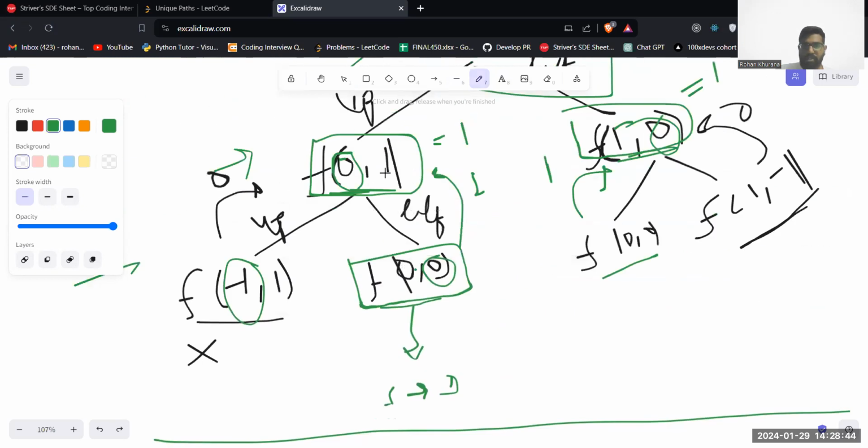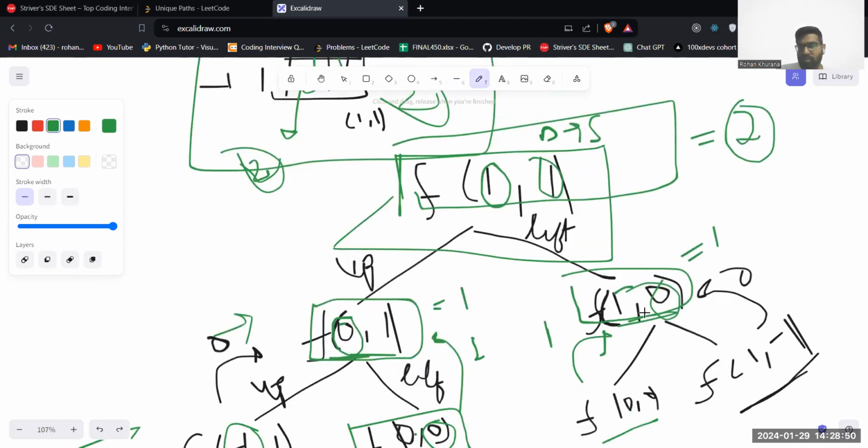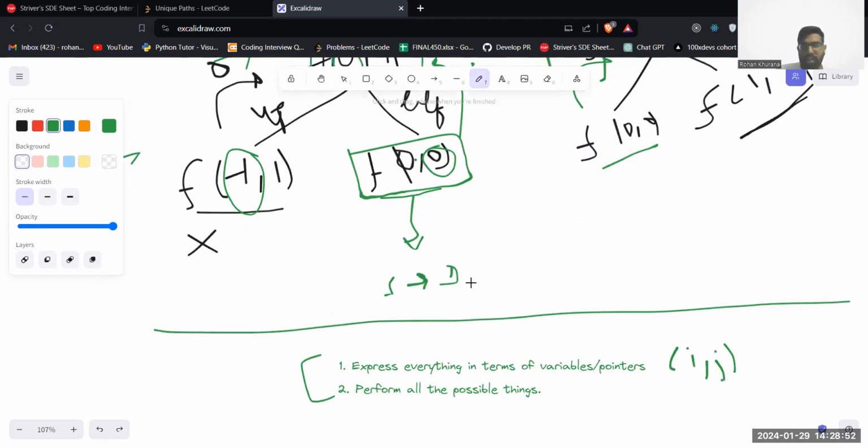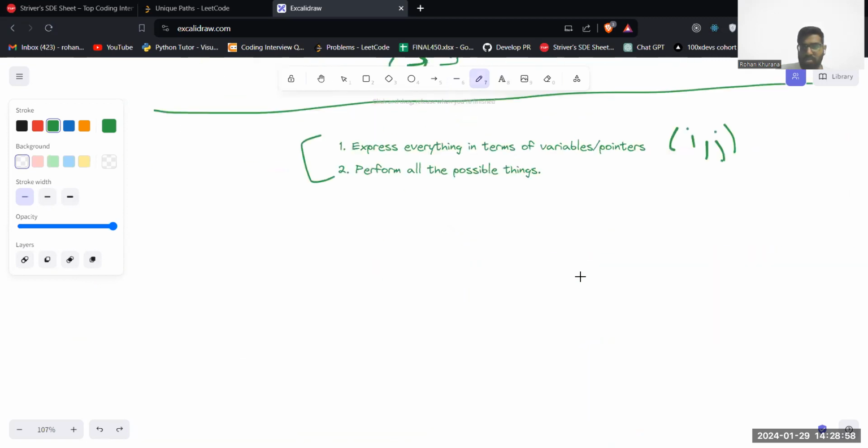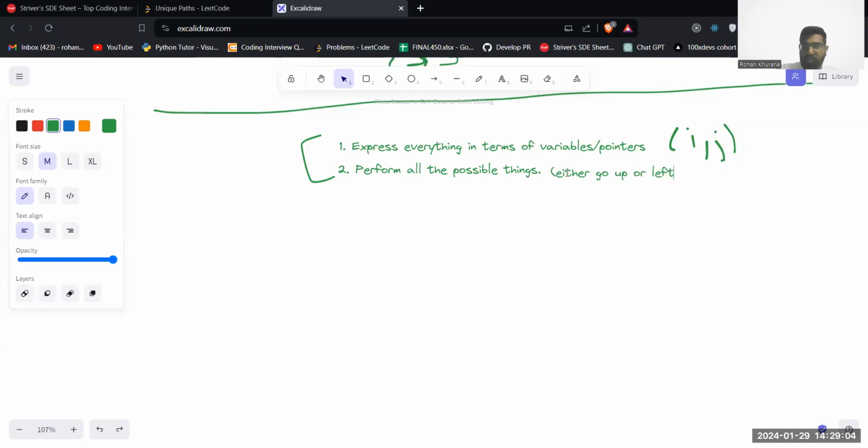At any point, it was either go up or go left. Since we are writing for recursion, we can mention that it is either go up or left.